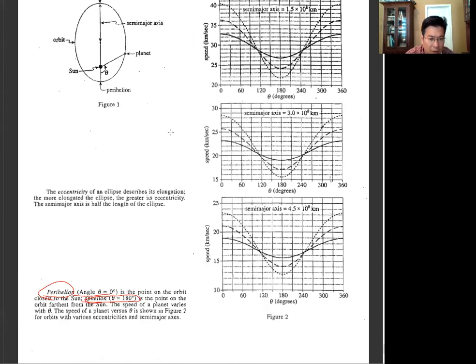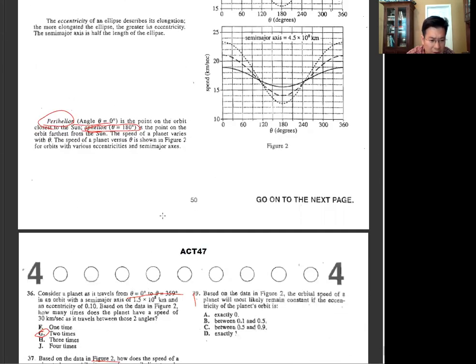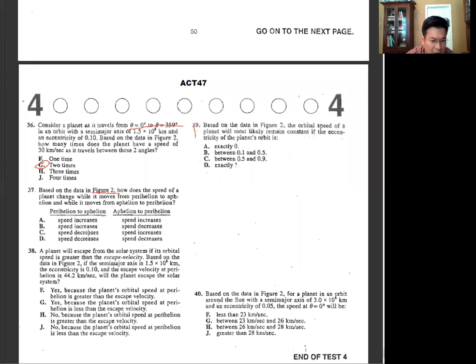So if you think about it, from 0 to 180, everything decreases and then it increases. So speed decreases and then increases.